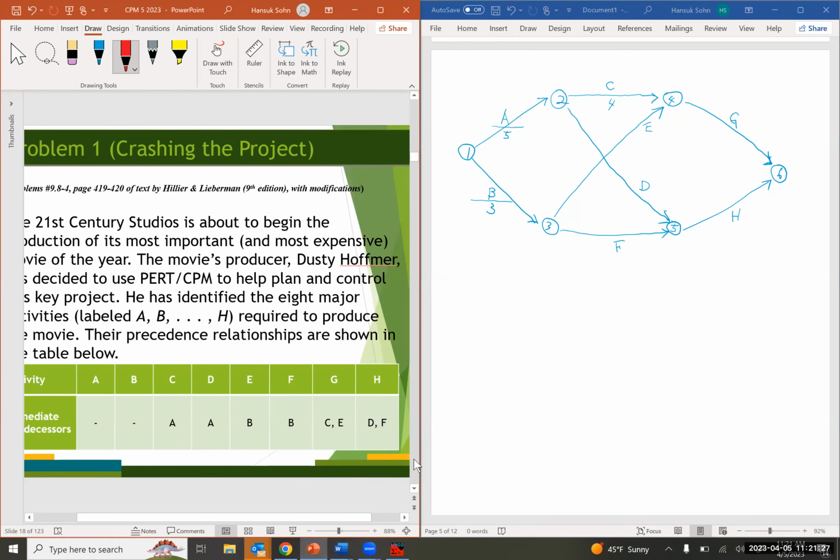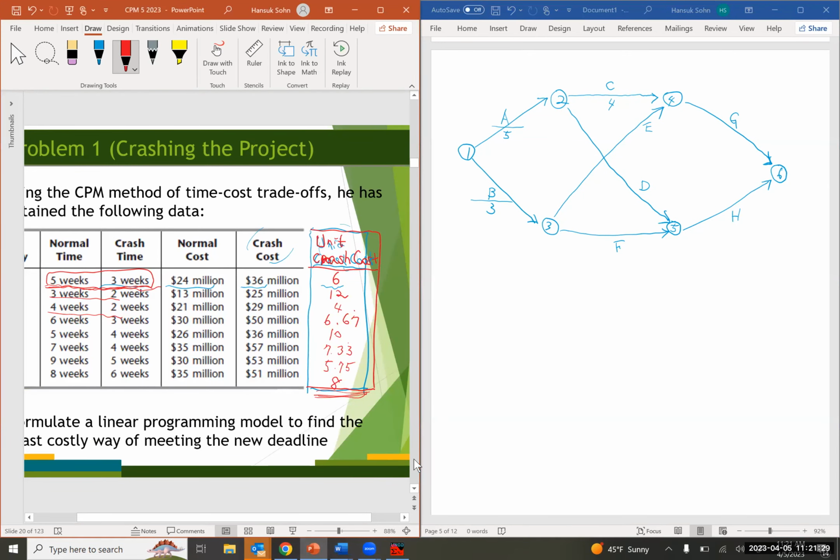And so we're going to have D is 6, right? And E is 5. F is 7. G is 9. And H is 8. That's from the normal time, right? Yeah.